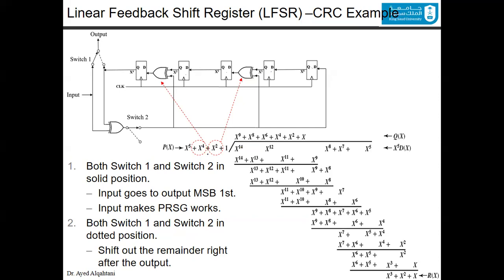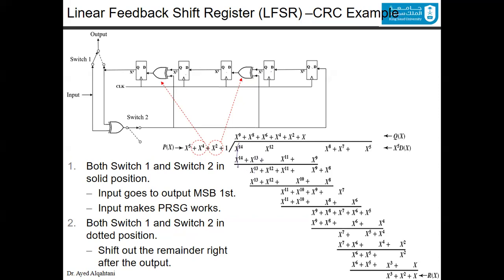So for this one, you will choose x to be 9. If you multiply x9 with x5, you will have x14, and you keep doing it for the others. So it will be x13, x11, and x9. And you do exclusive OR. The exclusive OR, if the same power exists, you cross it out.